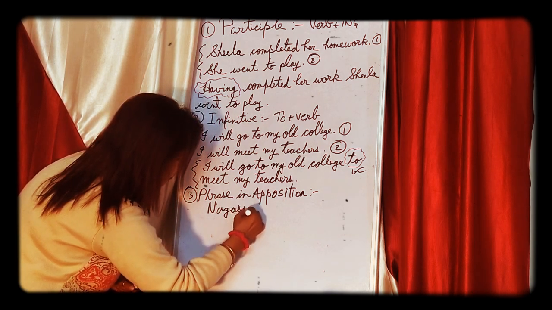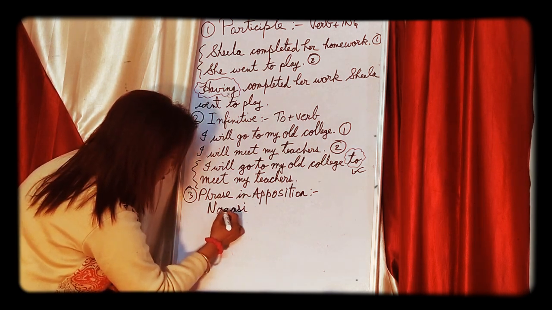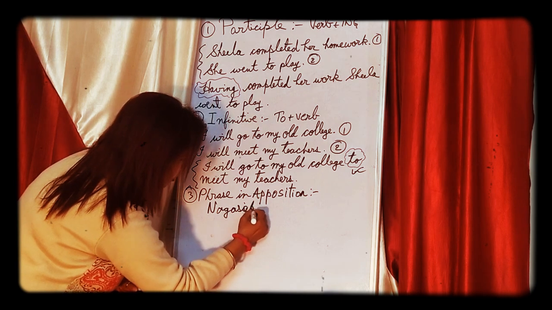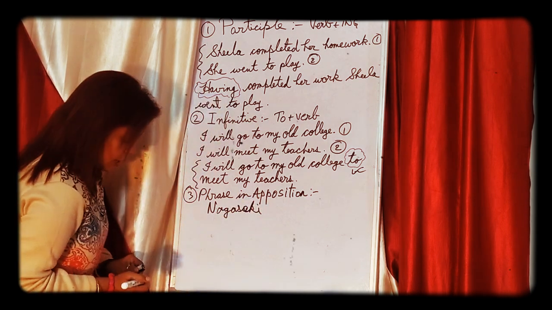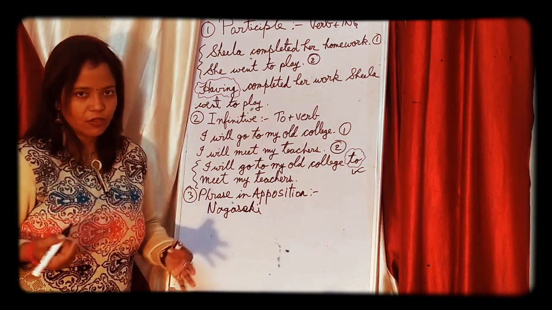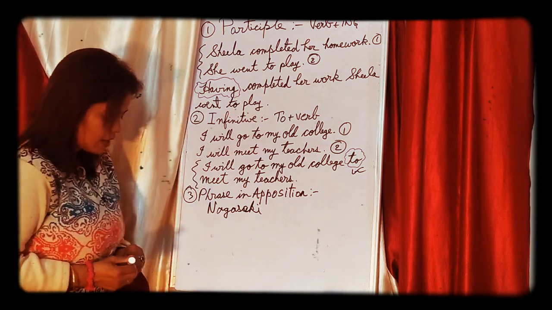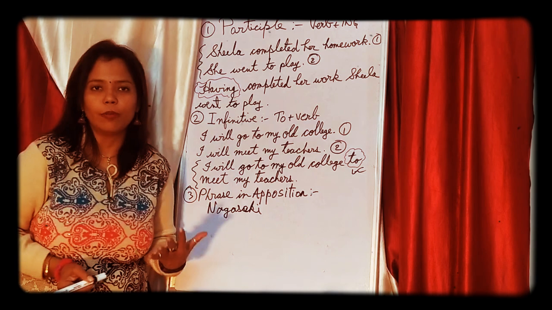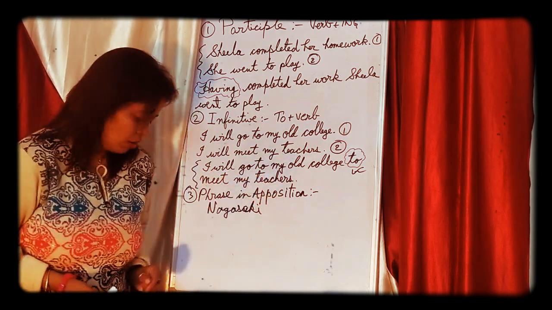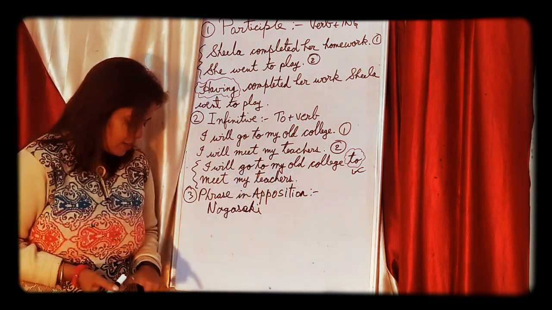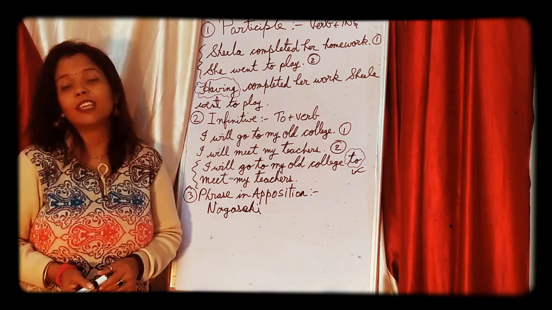Nagasaki. I'll just share the sentence. Sentence is: Nagasaki was once a heap of rubble. That was due to the bombing and all. Now the second sentence is: it is now a bustling city.